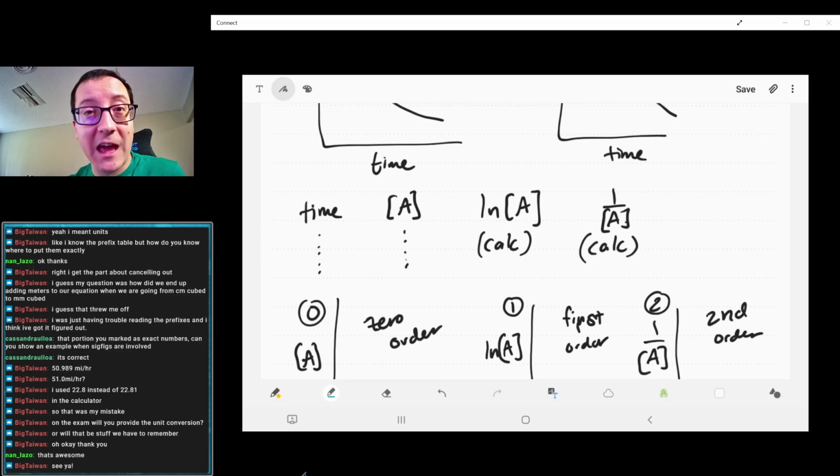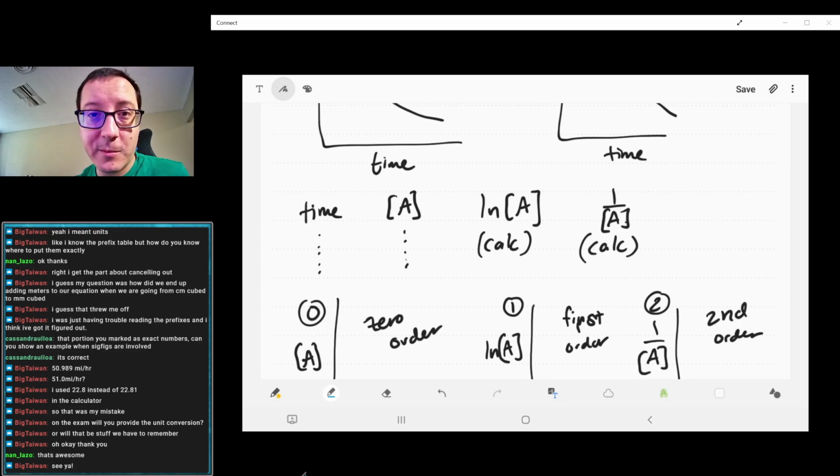And interestingly enough, once you figure out which one is linear, then you can do all those fun calculations. You can figure out what k is. That's going to be your slope, right? And so if you use Excel to figure out the formula of your graph, you can figure out k very easily that way. So that's a hint for you on your exam. Maybe be familiar with that. It's going to save you some time. Our exam is still a couple weeks away, so don't worry about it, but this will definitely help you on the homework.